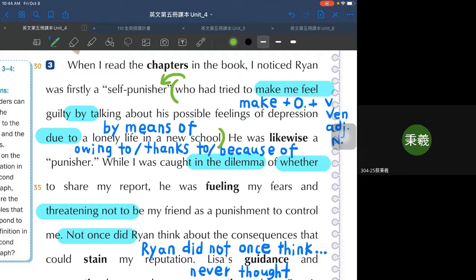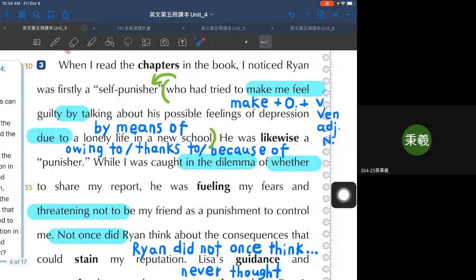Here you can underline the phrase make someone do something, all right? So make someone feel guilty. You can put a root verb here. You can also put a passive voice behind. Or here you can just simply say, make me guilty, and then use an adjective behind, okay, an adjective. So make me guilty or make me feel guilty.